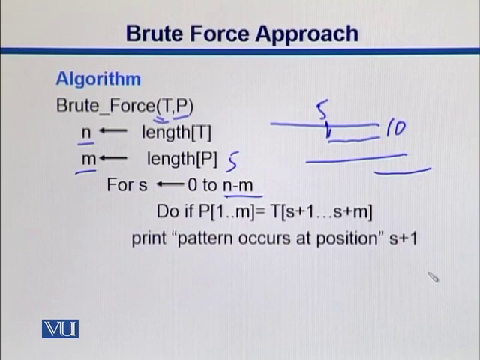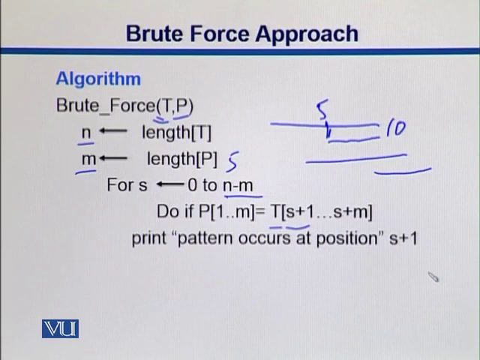So: do, if p[1 through m] is equal to t[s plus 1 through s plus m]. What we are saying here is we start with nucleotide number 1 of the pattern and go up till its whole length. For the text, since we started with 0, we need to add 1 over here.